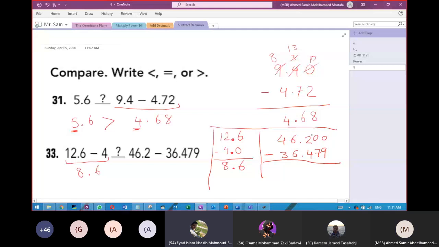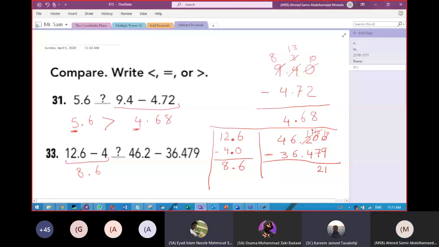We borrow from the 2, it becomes 1. 10 minus 9 is 1, and 10 minus 7 is 3. No, it's not 10 yet, because we borrowed 1 from it. I mean 9 minus 7 is 2. Right.